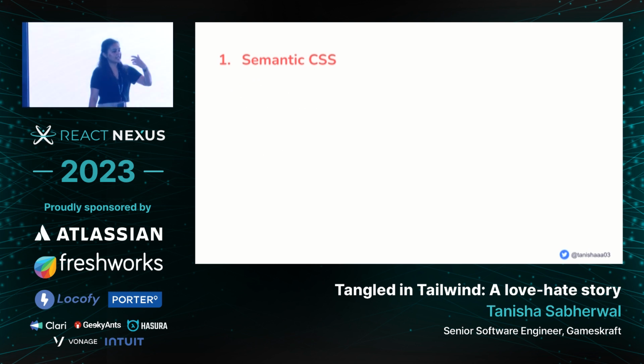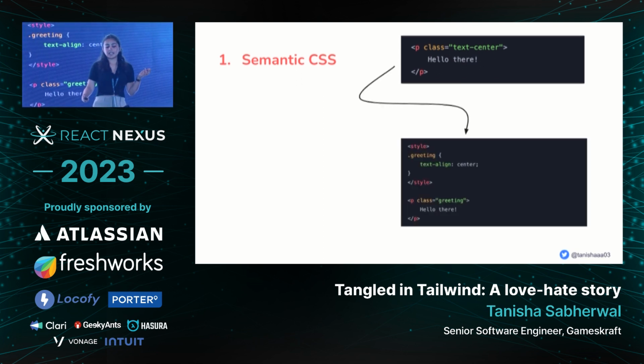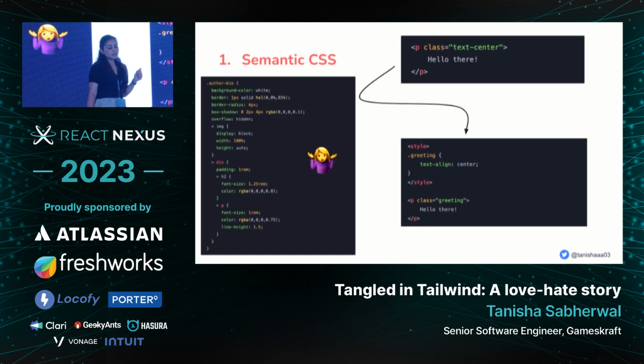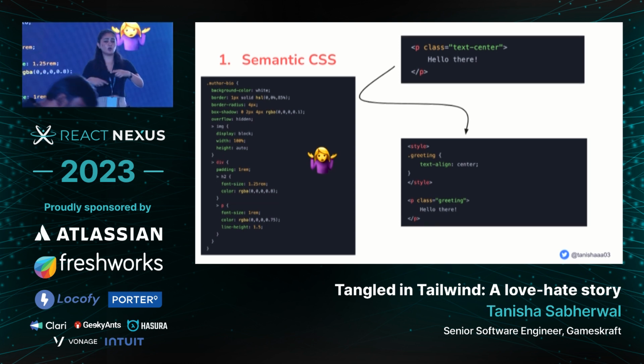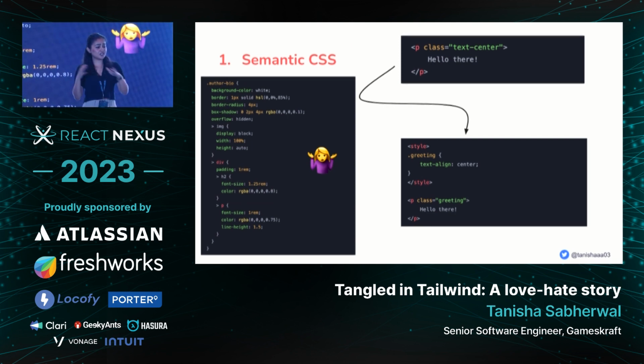So he goes on to discuss how we've traditionally written CSS. Suppose we have a paragraph and we want to give some styling to it, say text align center. We will attach a class name to it and give those particular styles. But what happens is, suppose you're using a preprocessor, you fall into the rabbit hole where you're actually depending on the structure that the HTML has, and it isn't necessarily following separation of concerns in this case.